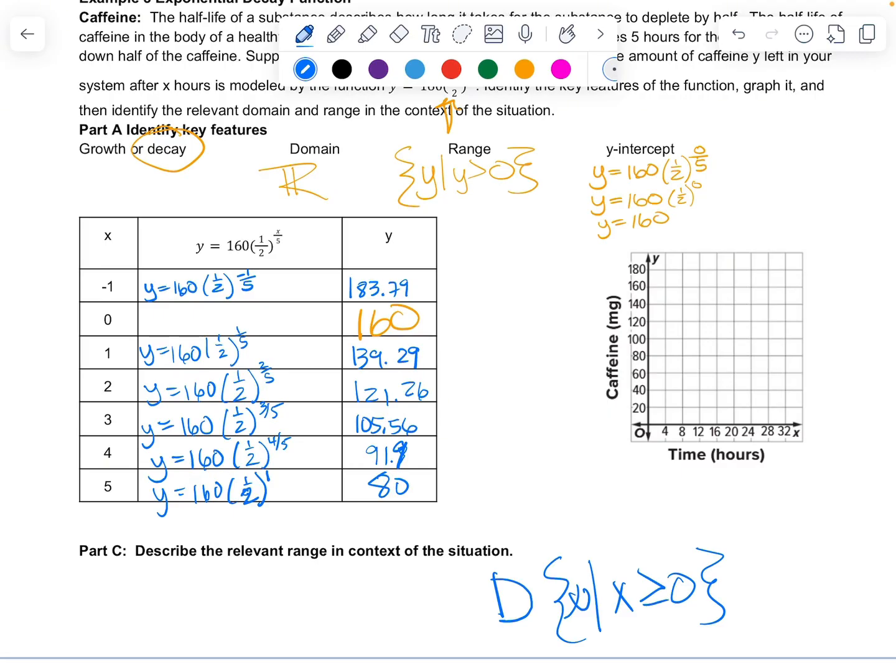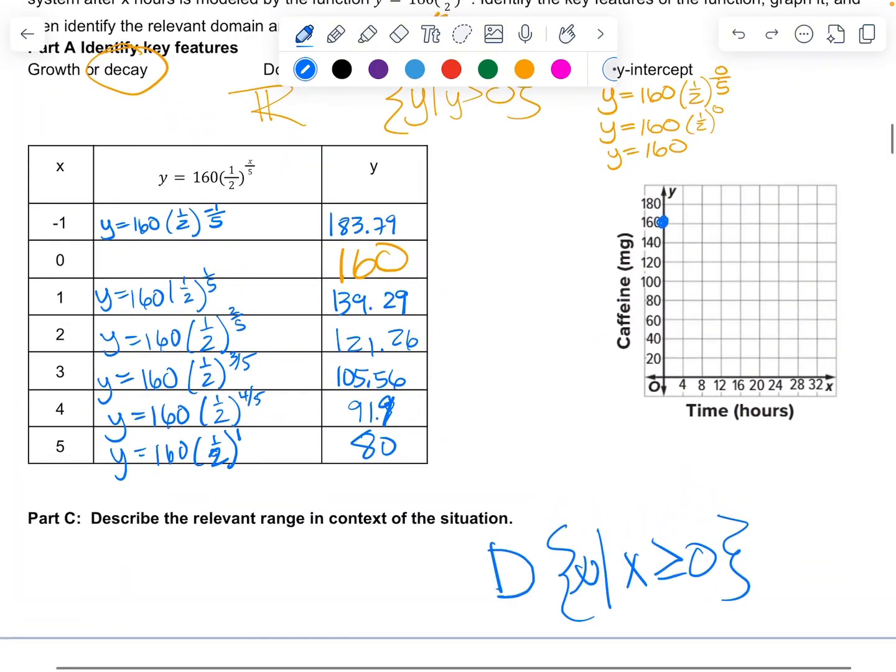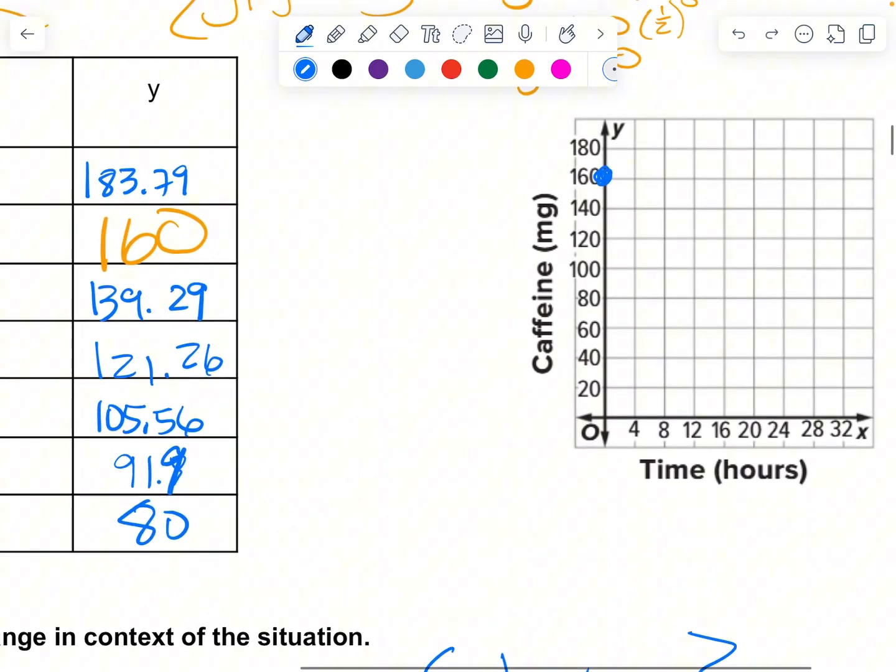So I'm going to go to 160, and I'm going to plot 0, 160. And then I'm going to plot 139. It's about here. And then, oh, that's 4. Okay, so if I did 4, that would be 91. So that's about here. I'm actually going to plug it in with, how about I plug in with 8?